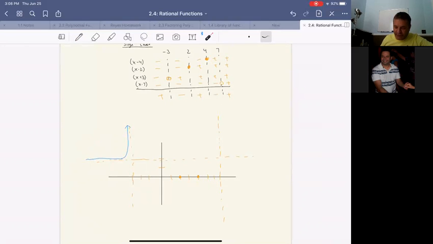Now, between -3 and 2, this is going to be negative. Between 2 and 4, it's going to be positive. And then after 4, it's going to be negative, going down towards that asymptote.